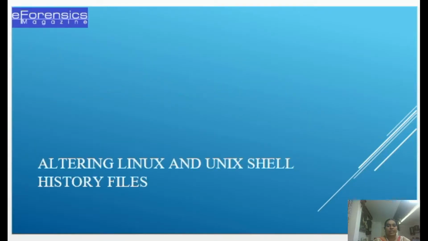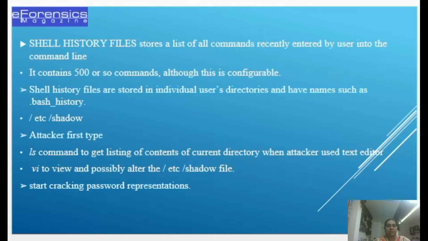Altering Linux and Unix shell histories. An additional type of accounting and logging of particular concern to attackers is individual users' shell history files. Shell history files store a list of all commands recently entered by the user into the command line.